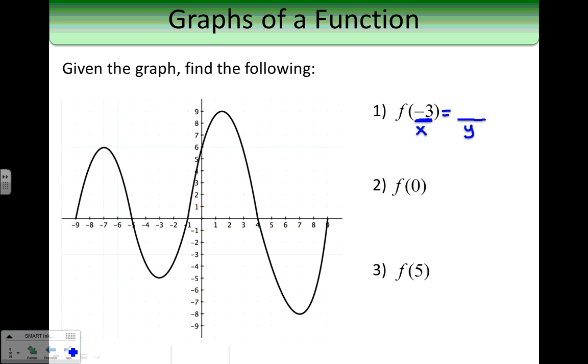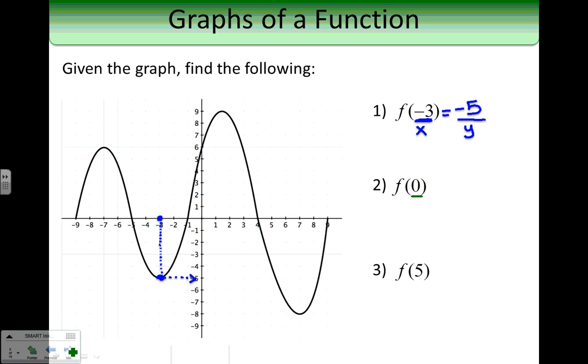So if I go to -3 on my graph, an x value of -3, just go down until it reaches the graph. The corresponding y value is -5. So f of -3 is equal to -5. Input of -3, output of -5.